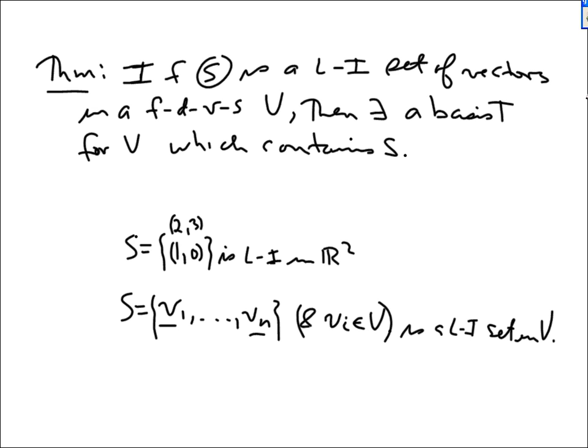There's not just one basis for R2. There are many. Any two vectors in R2 that are linearly independent will span R2 and will be a basis for R2. Any three linearly independent vectors in R3 form a basis.